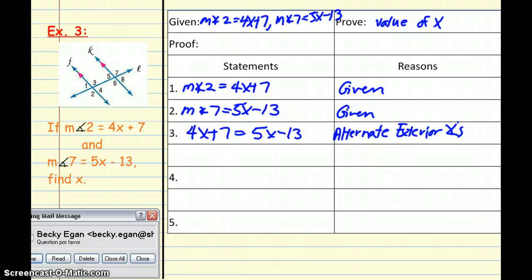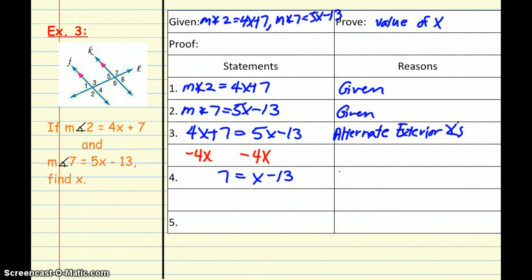Okay, so from here then I'm actually going to subtract 4x from both sides, and I get 7 equals x minus 13. That's the subtraction property of equality. And then from here, I need to add 13 to both sides.